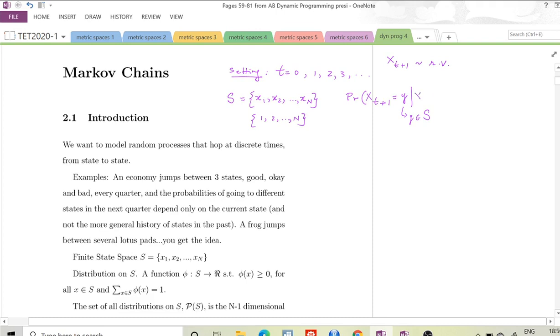So given that xt was something, xt minus 1 was something, all the way to time 0, x naught was something, this probability is just the probability that xt plus 1 is equal to y given whatever xt was, right? So the earlier history of whatever states were realized doesn't directly affect this conditional probability, all right?